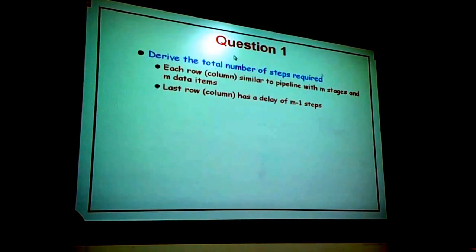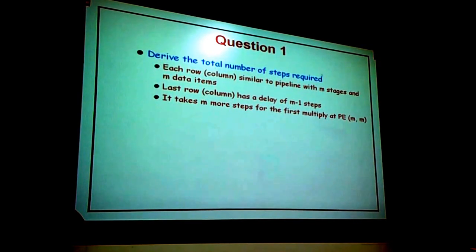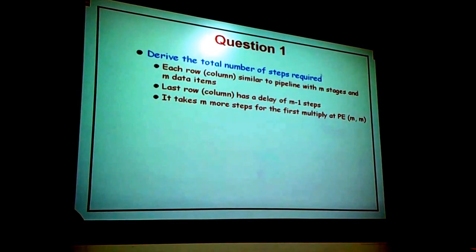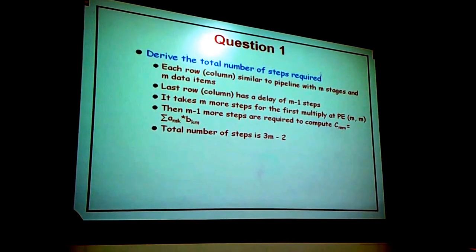Okay, so first of all we take the delay, then we can calculate that it takes m steps to get to processing element mm, and then m minus 1 steps are required to compute the complete product. So the total number of steps is 3m minus 2.